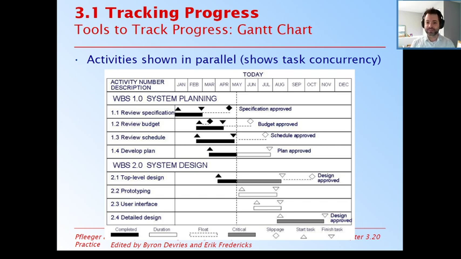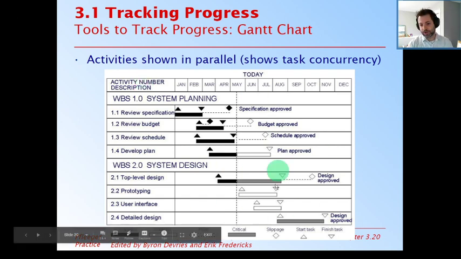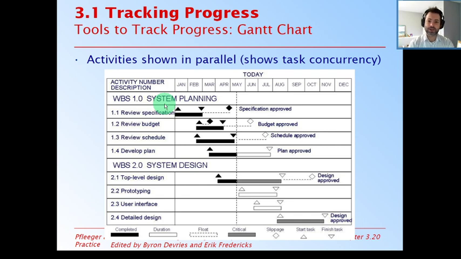Obviously I can't see what you're doing right now, but this is the dinosaur method of project planning. The takeaway is that this is what I had to do when I was working. This is kind of the waterfall V model, the older style of tracking your project progress.